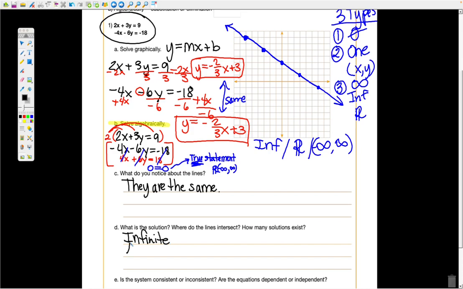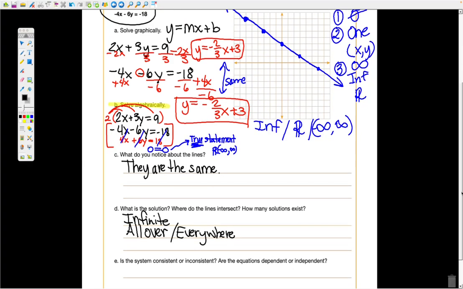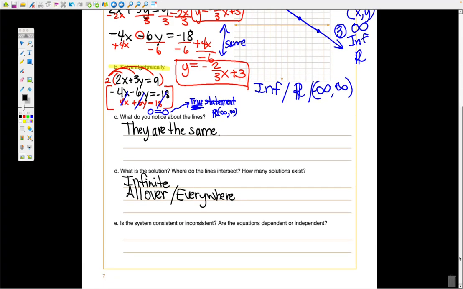Everywhere, all over. Either one. And how many? Once again, infinitely many.